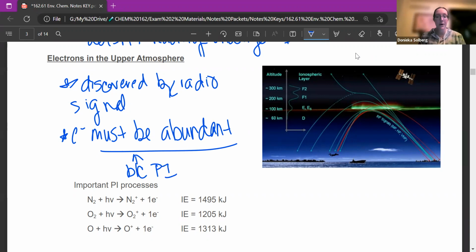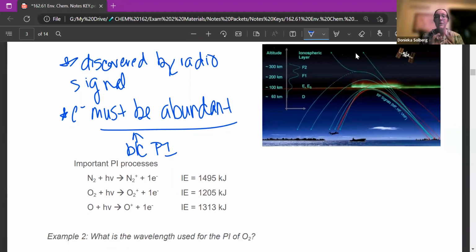So these are the important photoionization processes here: nitrogen, oxygen, and then remember those single oxygens tend to break up when they absorb energy. So there's also single oxygens that can be photoionized as well. Okay, so these each produce an electron. And that's when they are absorbing radiation that's high energy, because these are all really big numbers, right? So they actually need very high energy.